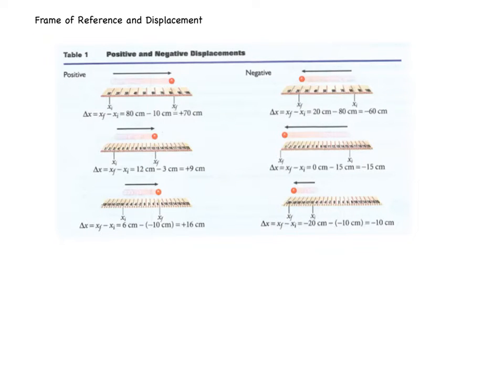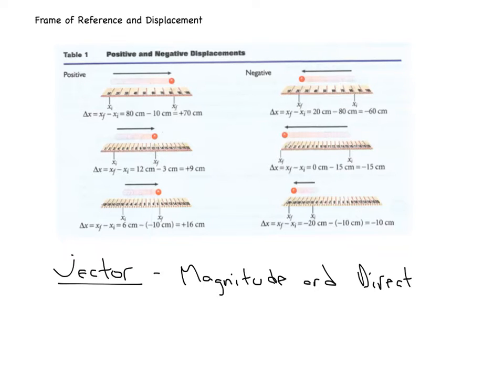Displacement is known in physics as a vector quantity. So this is another physics term, and a vector quantity involves both magnitude and direction. What this means is that any vector number in physics can be a positive or a negative value, and the negative means direction.